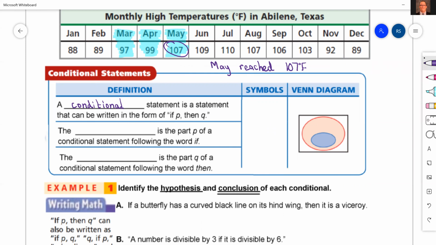So if we put that in symbols, it looks like P with an arrow and Q. But we read it the same. This arrow right here, you read that as then, the word then.